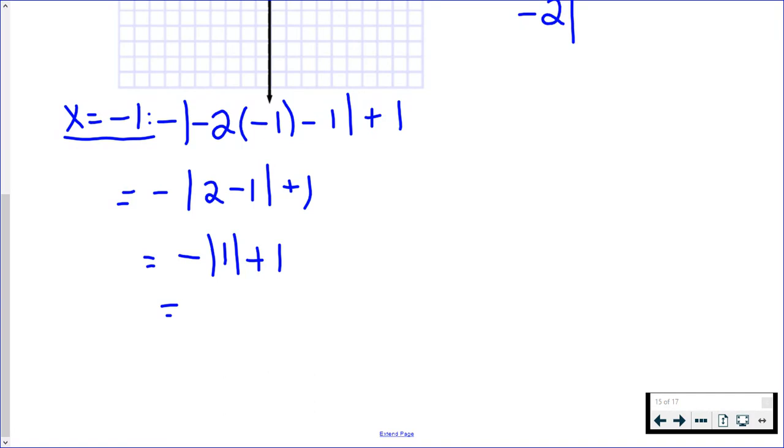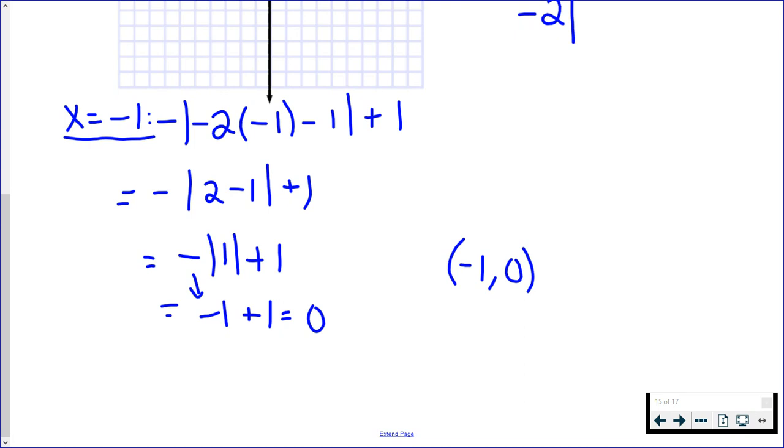Absolute value of 1 is 1. So we end up with negative 1 again, plus 1, which is 0 again. So we end up with another point, negative 1, comma, 0.